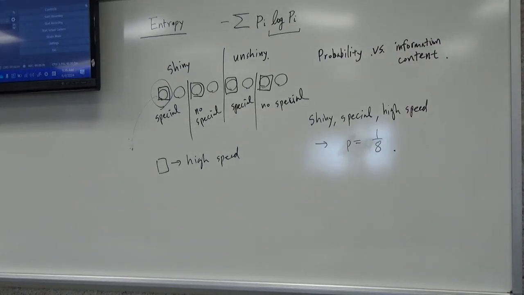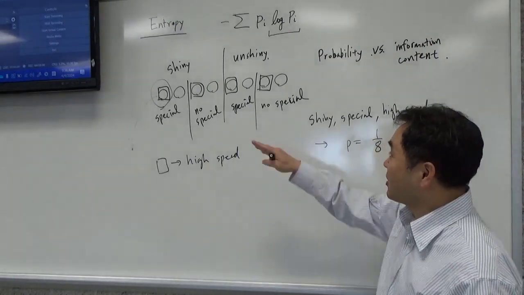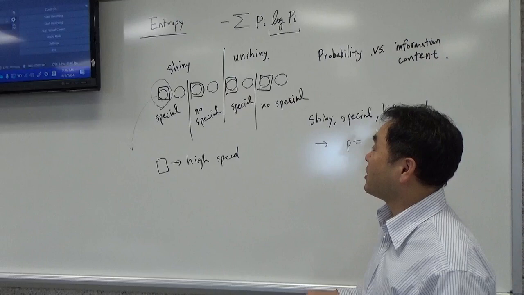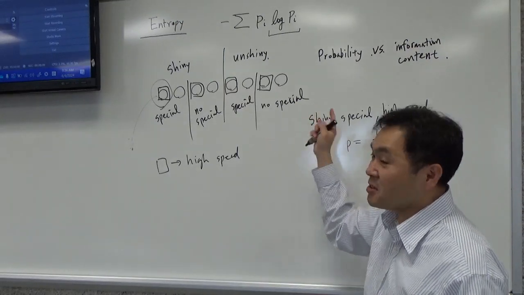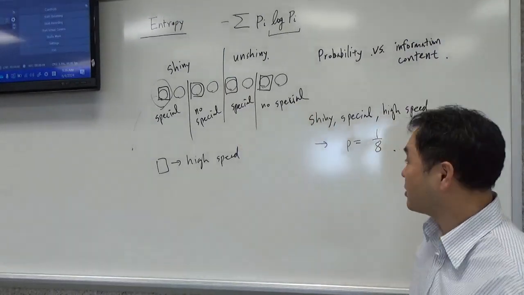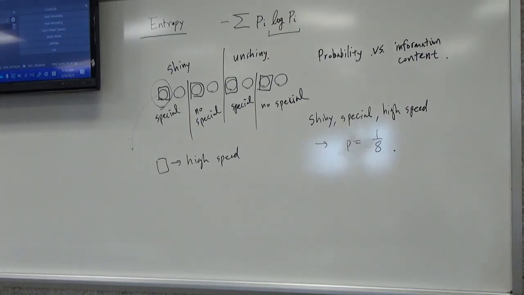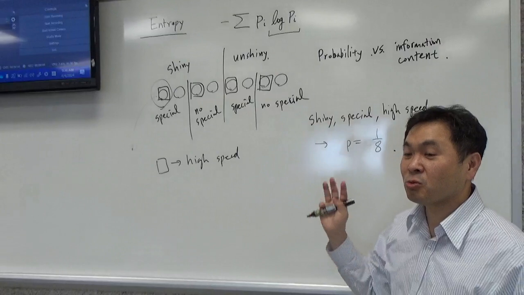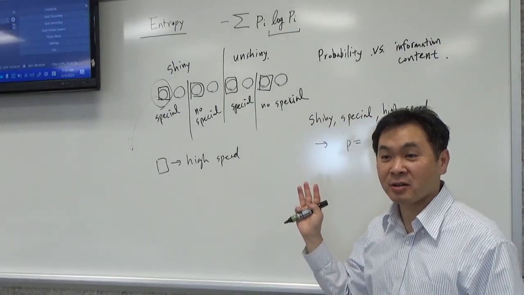Now, if your attributes are all binary, like what we just did, either this or that, and if the probability is somewhat uniform, then every selection will come with 3 bits of information. Do you agree?